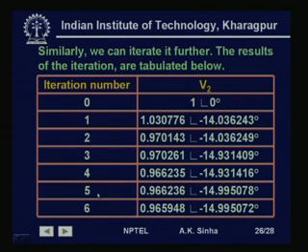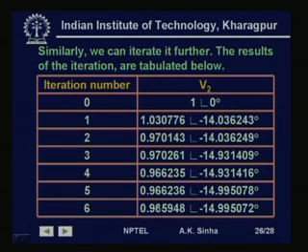At the fifth iteration, after substituting the value obtained at the fourth iteration, we will get 0.96623 angle minus 14.9950, and at the sixth iteration, after substituting the value at the fifth iteration, we will get 0.96594 angle minus 14.9950.